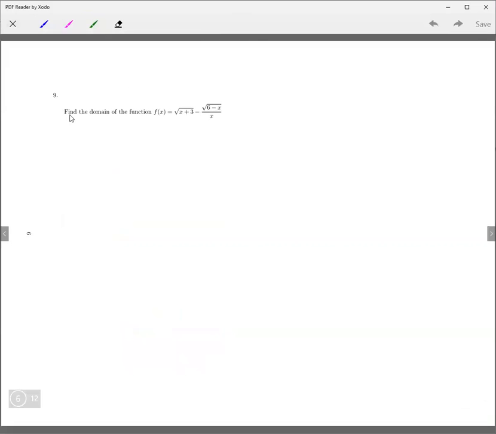So number 9, find the domain of this function. This is a difference of 2 functions, right? So you want to take this first one, and that x plus 3 has to be greater than or equal to 0. But then you also have this second one right here, where there's a couple things.